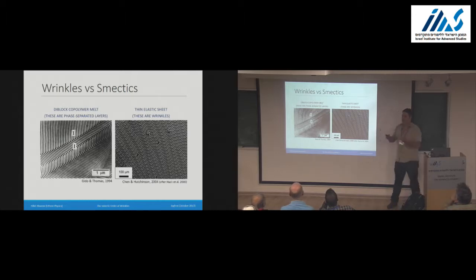There is no reference metric or excess length or things like that. And this is the zigzag wrinkled patterns, which are made by compressing an elastic sheet on a soft substrate. These are different length scales, and still they look quite similar. And I'm going to try to explain why.